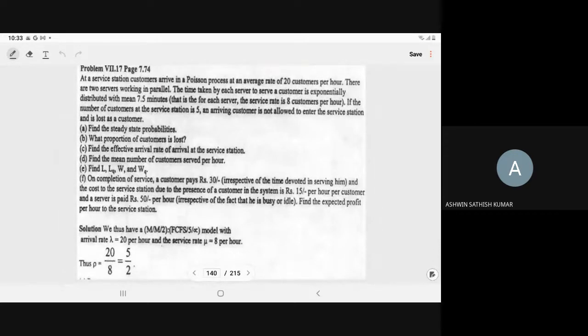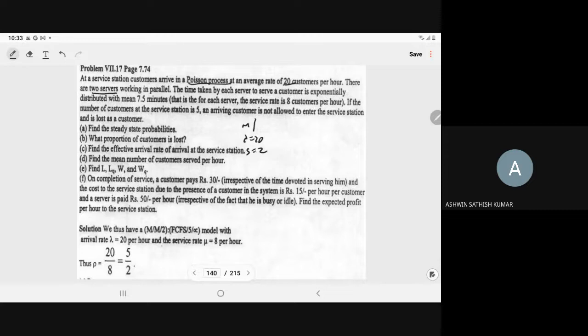So here we have question number 17 from your book. At a service station, customers arrive in a Poisson process, that is the M, at an average rate of 20 customers, lambda is equal to 20 per hour. There are two servers, S is equal to 2, working in parallel.